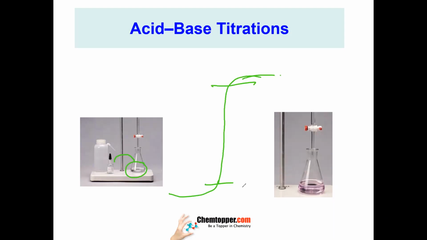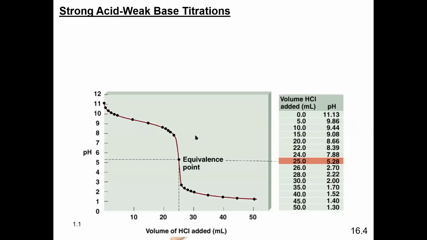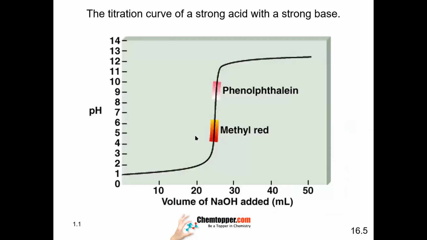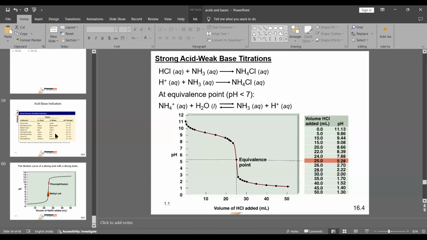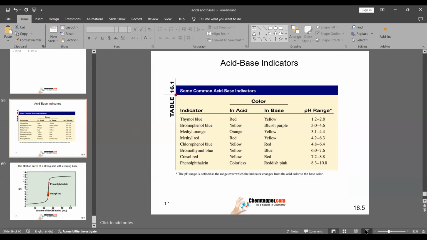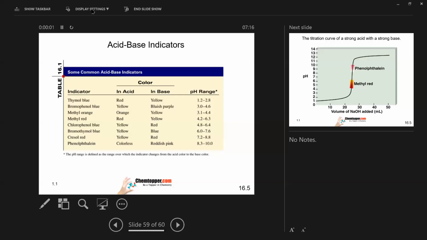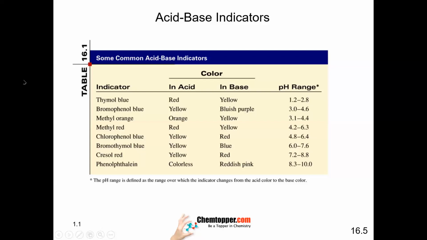And this change in pH will show you a change in color of the indicator, because indicators are pH sensitive. So now I'm going to teach you why these indicators are pH sensitive. And different indicators have different pH ranges because of their different strength.